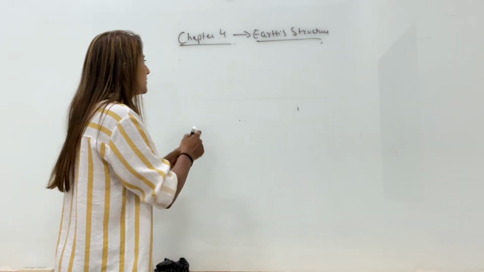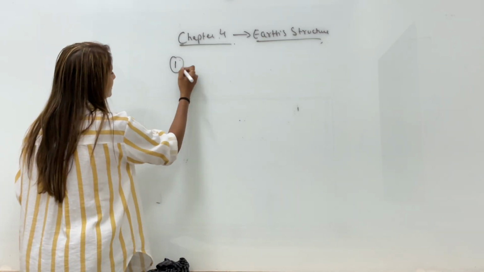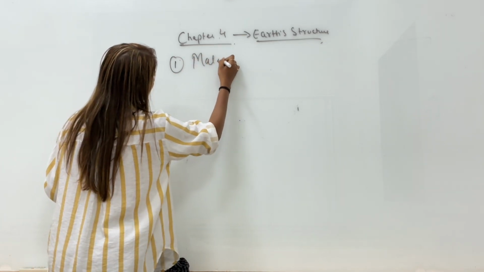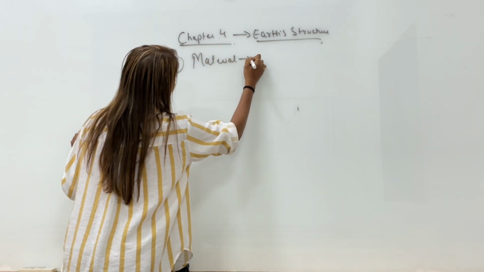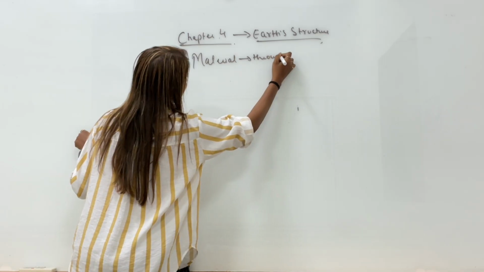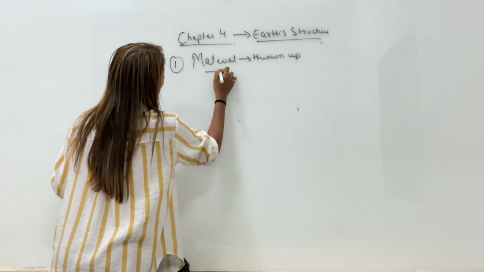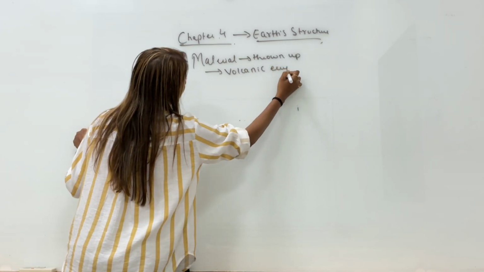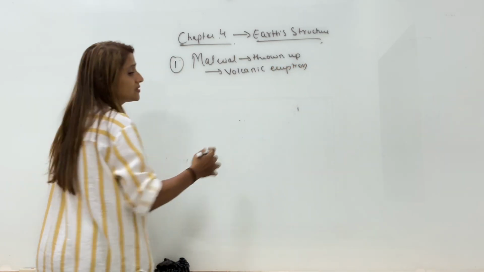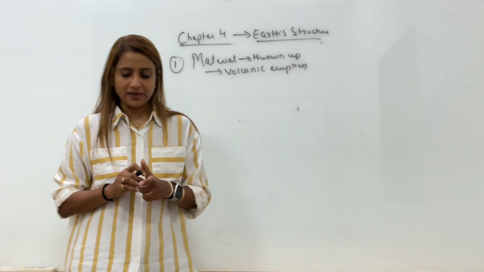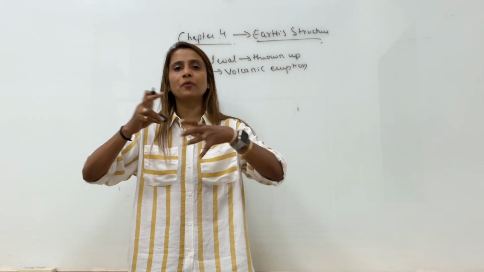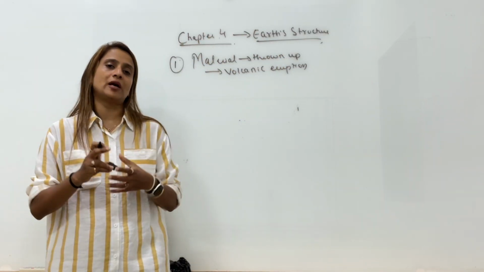So, first, our knowledge about Earth's interior is based on material which is thrown up at the time of volcanic eruption. So when volcanic eruption takes place, a lot of molten material, volcanic material, is thrown up.